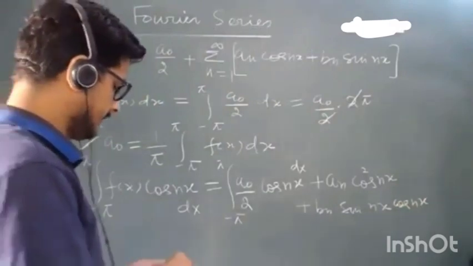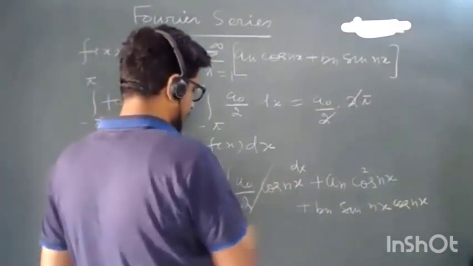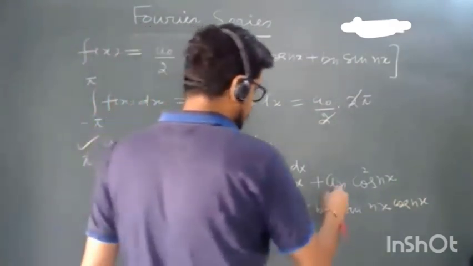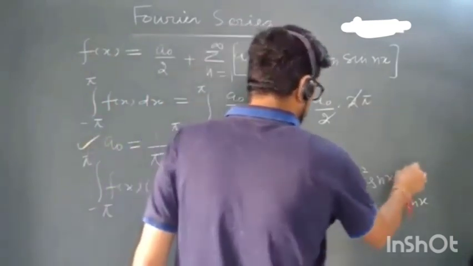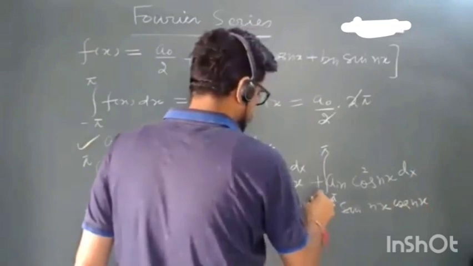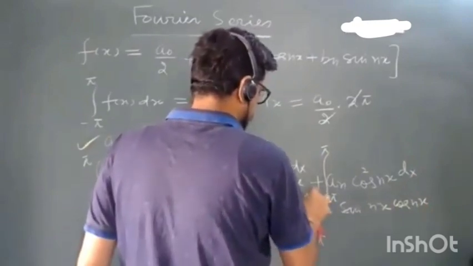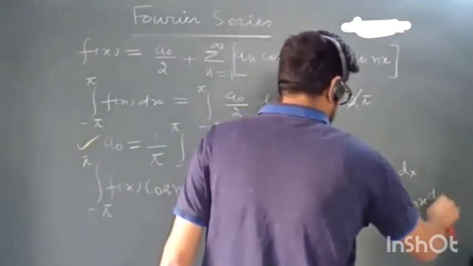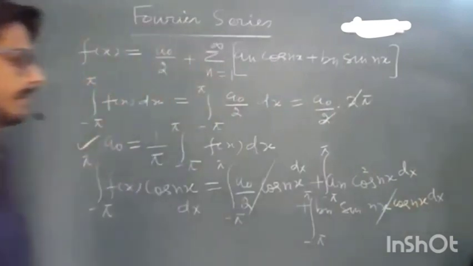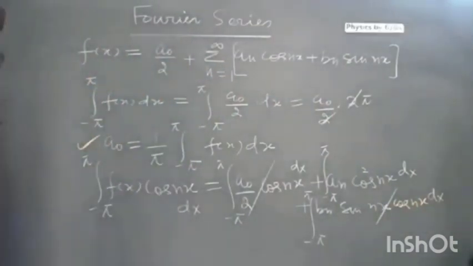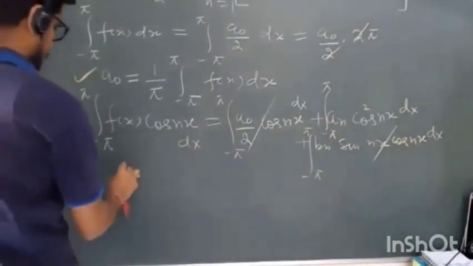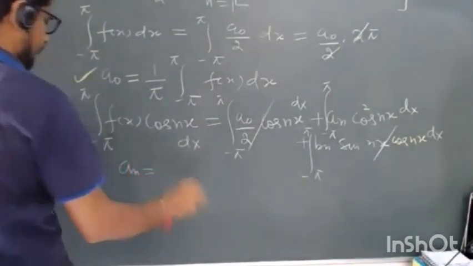So this term will be gone, this term will remain, minus pi to pi dx, and again this term will also be gone. So what will be the value?